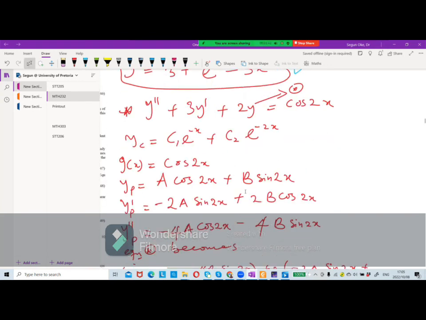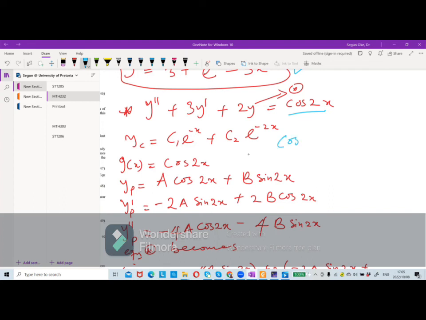So now let's look at this in the context of when you have a trigonometric function. When it is a trigonometric function, what is the yp when you have either cos alpha x or sin alpha x? What is the particular solution of that? The particular solution for it is very simple.